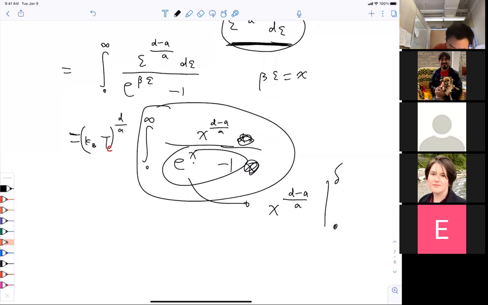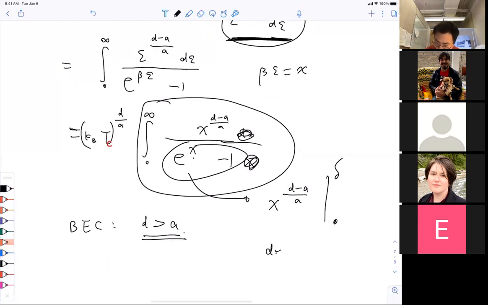So the BEC condition is D larger than A. Basically, the spatial dimension should be larger than the power of your spectrum. When D equals A, this exponent becomes 0, meaning there's a logarithmic divergence. When D is smaller than A, the exponent is some negative number, meaning a power divergence.